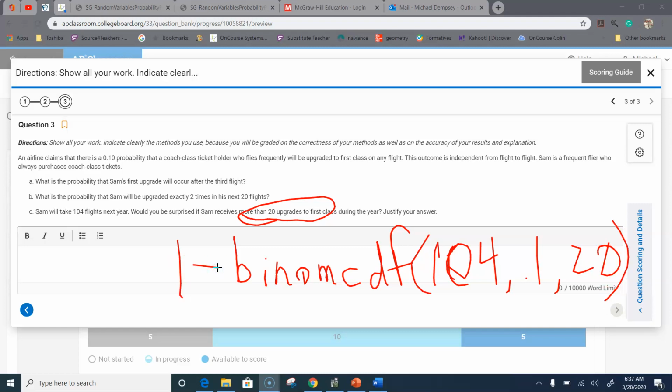If you have an Nspire, I think you can just put in 20 as your low limit. 21, right? So if you were doing this on your Nspire, and I'm struggling with my touchscreen, so I'm just going to go right into it. It's binomial CDF again.